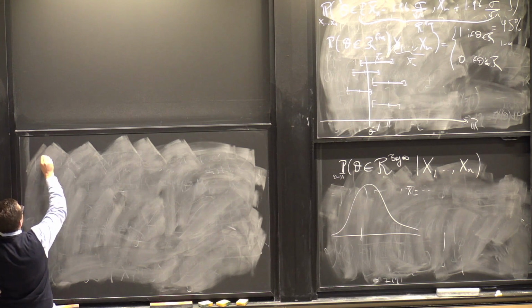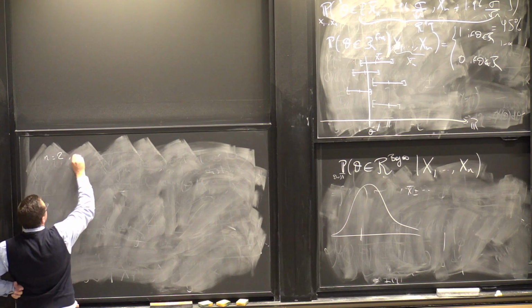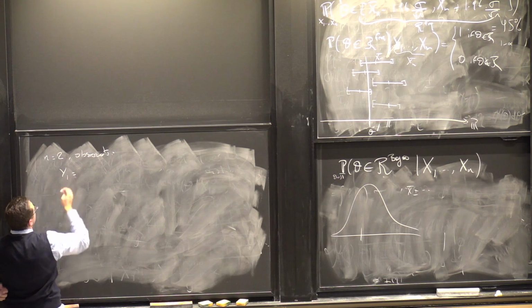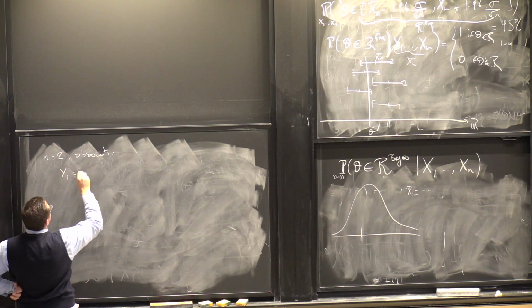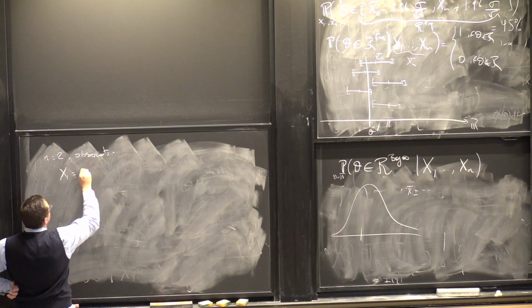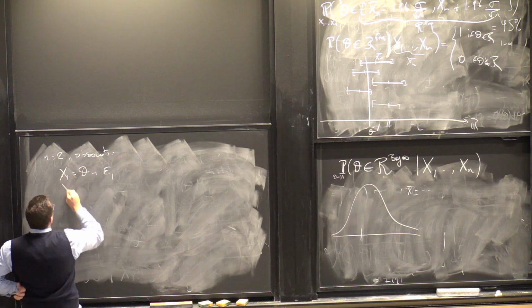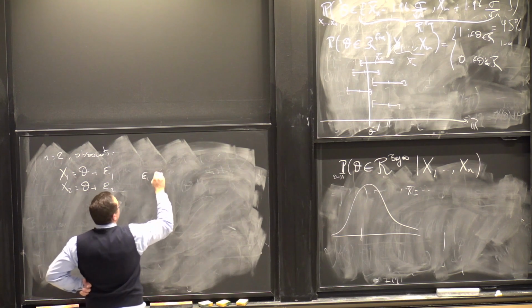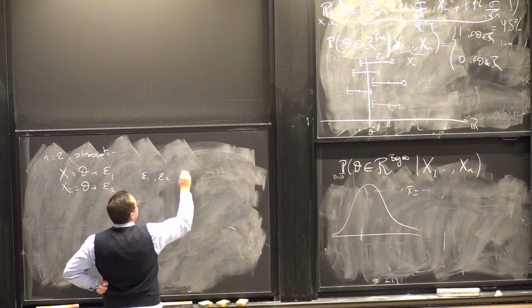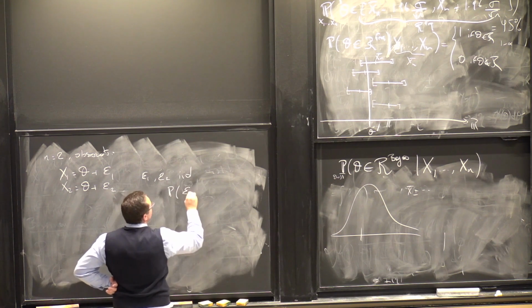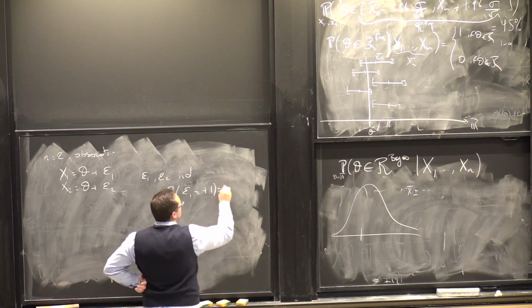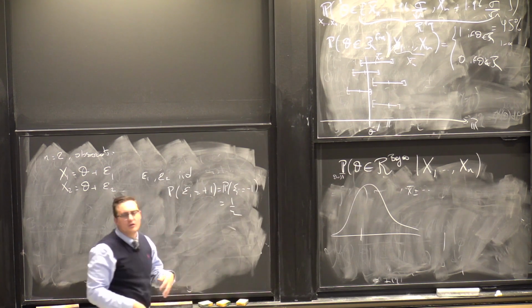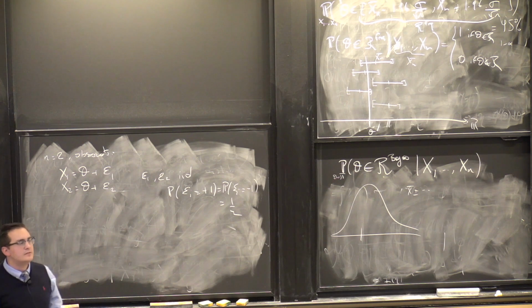Assume that you have n equals 2 observations, x1, which is theta plus epsilon 1, and x2, which is theta plus epsilon 2, where epsilon 1 and epsilon 2 are IID, and the probability that epsilon i is equal to +1 is equal to the probability that epsilon i is equal to -1, which is 1/2. So it's just a uniform sign, plus or minus 1.